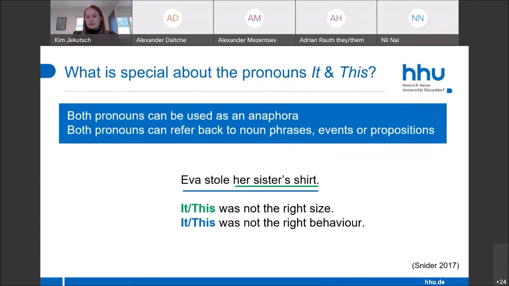In the example sentence, it or this was not the right behavior, the pronouns refer to the whole statement that Eva stole her sister's shirt. We can also call the elements that pronouns refer to antecedents. And it is important for you to know the term antecedent because it will come up more often in my presentation.